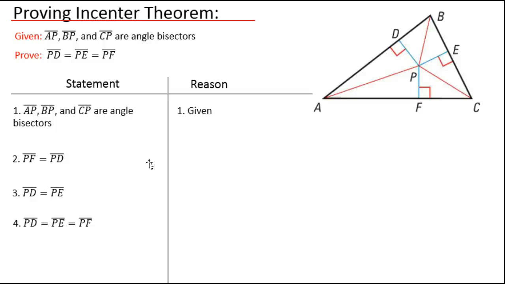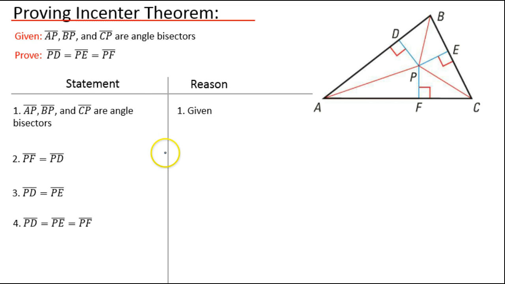So let's look at this proof. It's very similar to the one we had before. Here the given information is that AP, BP, and CP are angle bisectors. So we have AP, it's bisecting, BP, it's bisecting, and PC is bisecting. We want to show that PD, PE, and PF are all congruent.